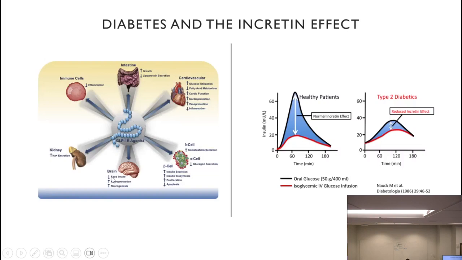In the brain, it reduces food intake and appetite, is neuroprotective, increases neurogenesis, so may increase the amount of neurons, at least in the hippocampus. Cardiovascular effects, very good, protective effects. It increases or reduces glucagon, increases somatostatin, increases insulin secretion, increases insulin biosynthesis and proliferation, decreases apoptosis.